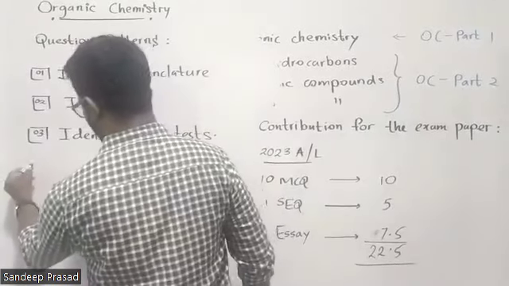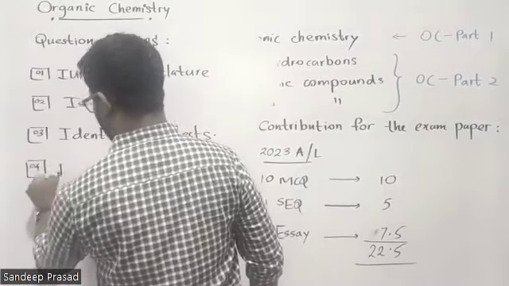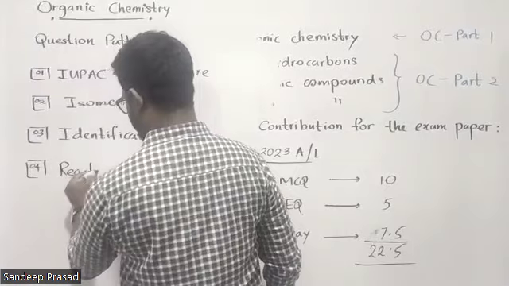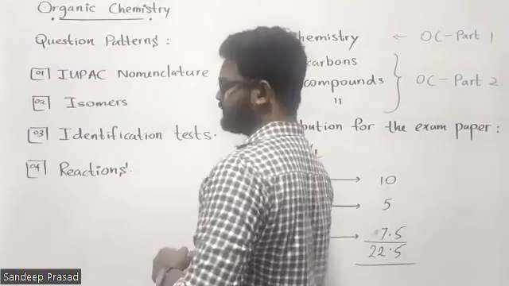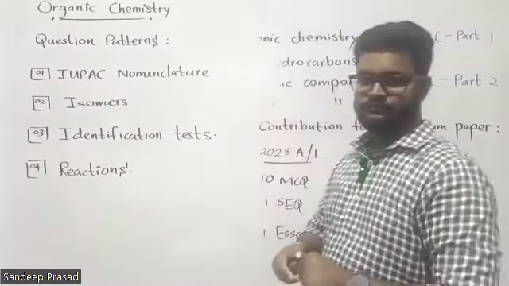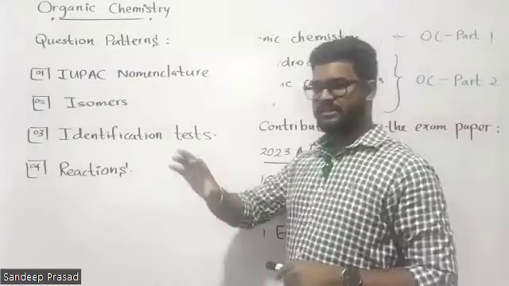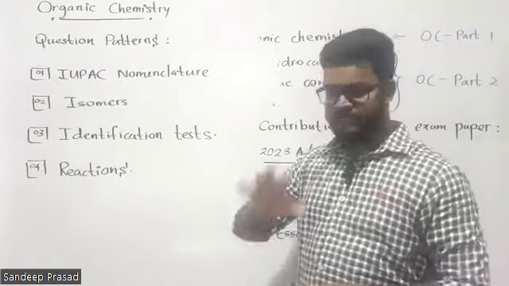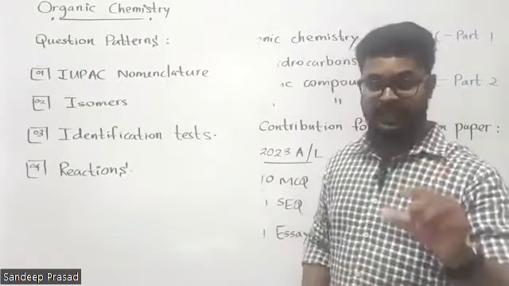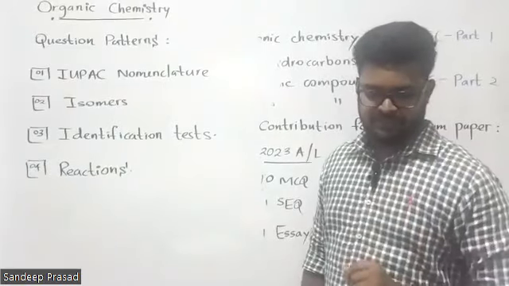And the fourth one, we have to discuss organic reactions. Remember, students, we can't actually count them. Uncountable reactions are there, right? So we cannot say a particular number of reactions are there in organic chemistry, but in your syllabus, they have included more than 40 reactions.